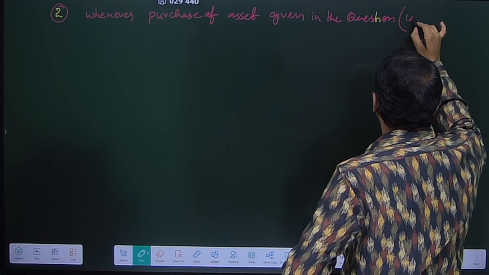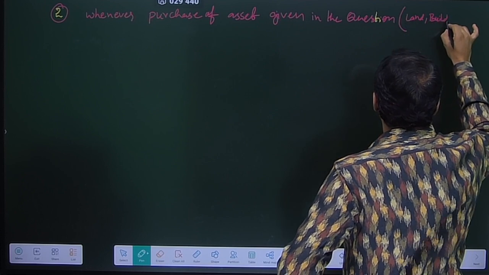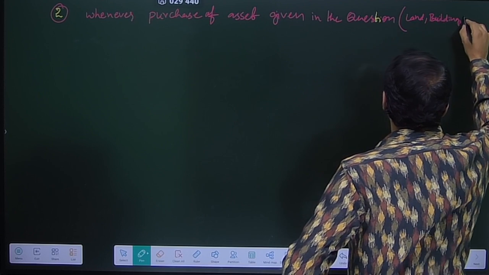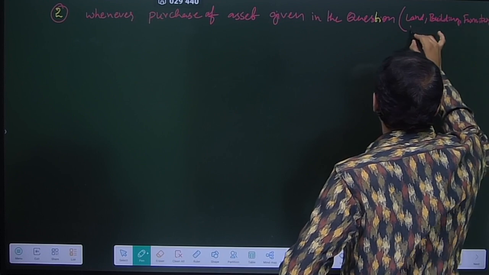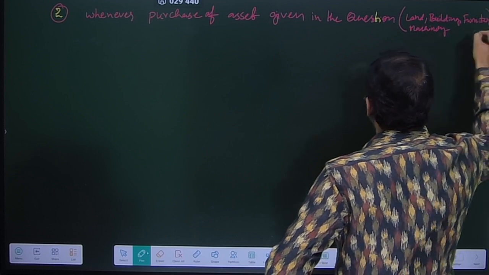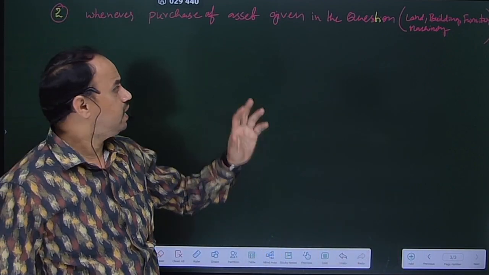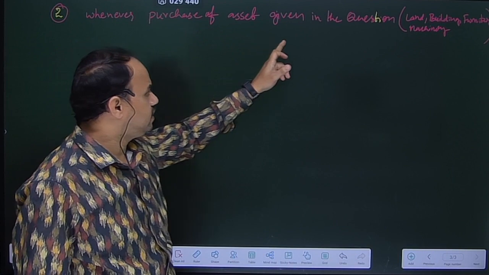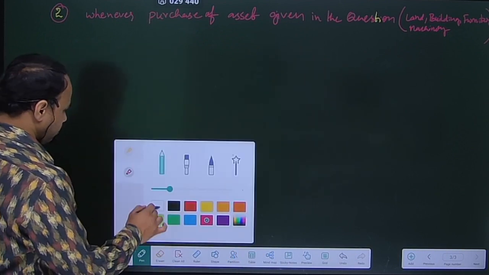Example: land, building, furniture, machinery. Whenever purchase of an asset is given in the question, then what we have to write?